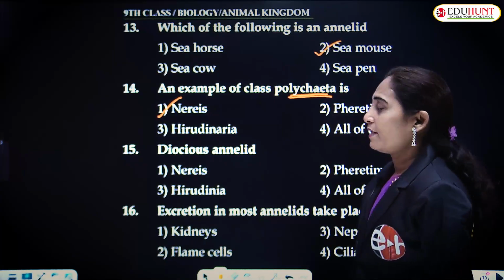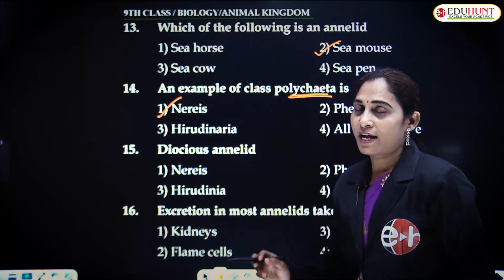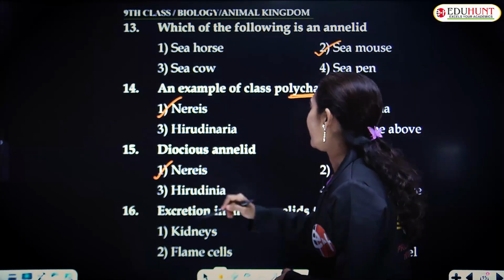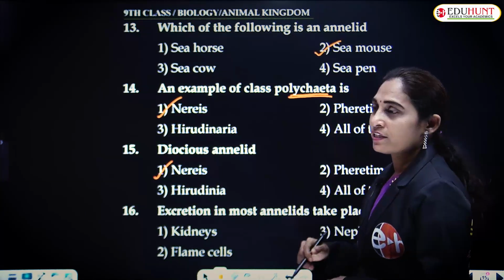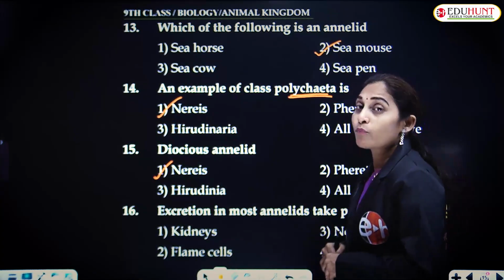Dioecious annelid. Monoecious means both sexes are present in the same individual. Dioecious means sexes are separate in different individuals. It is Nereis. Pheretima and Hirudinaria are bisexual, they are monoecious.